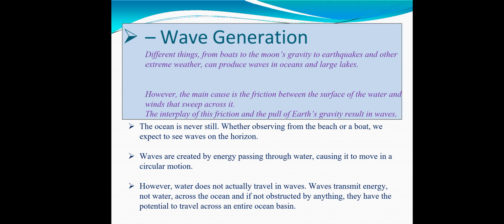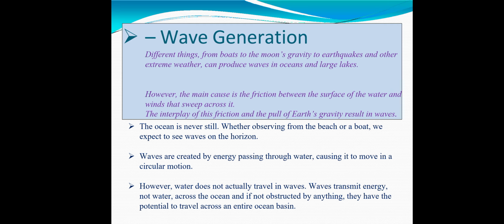So there are three important forces responsible for wave generation: the moon's gravitational force, the sun's gravitational force, and the main cause of wave generation, the frictional force between the surface of the water and winds that sweep across it.